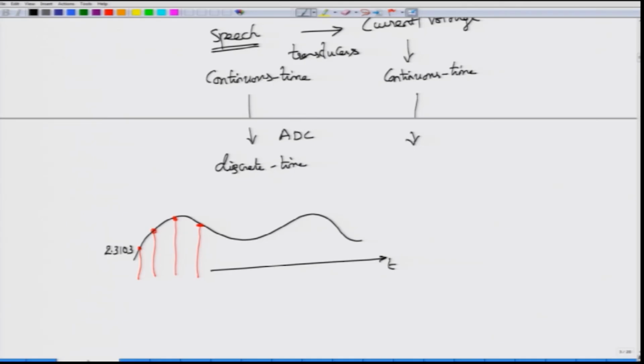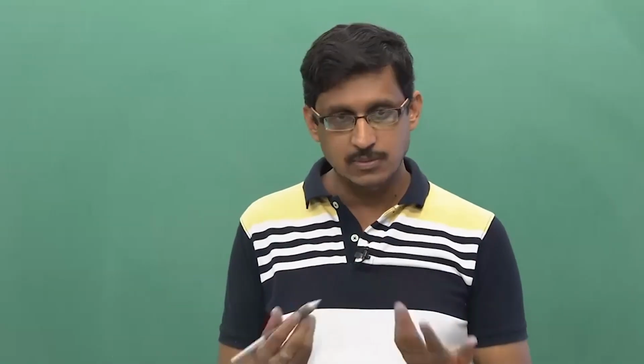However, what we do is we consider certain ranges, we divide this up and consider certain ranges, and if the sample value falls anywhere within that range, we associate a binary word to it. The length of the binary word, which determines the so called quantization levels, is dependent on the ADC.